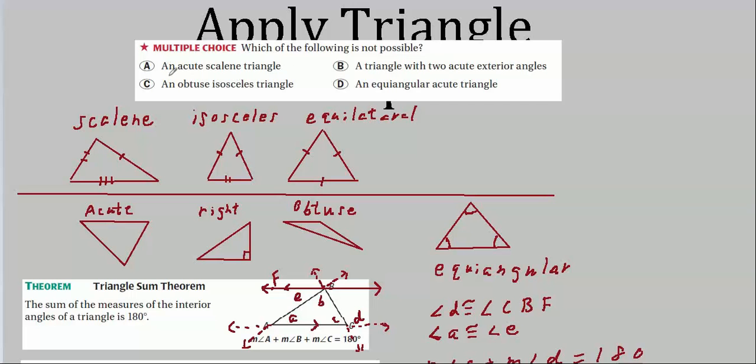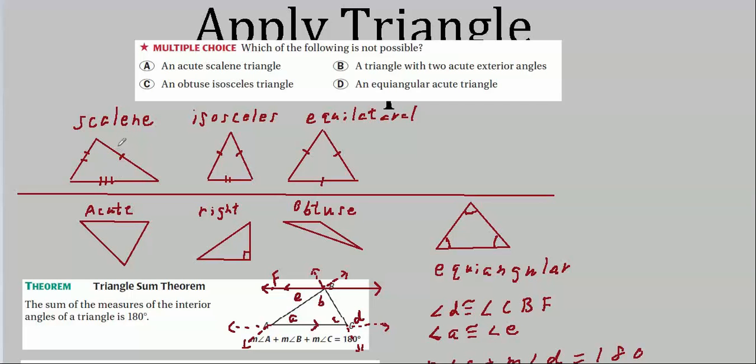Well, an acute scalene triangle. Remember, acute just means that all the angles are less than 90. Does that mean that 2 or 3 of the sides have to be equal? Because scalene means that none of the two sides are congruent.